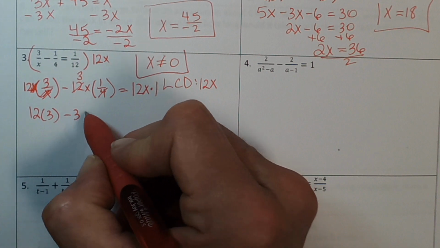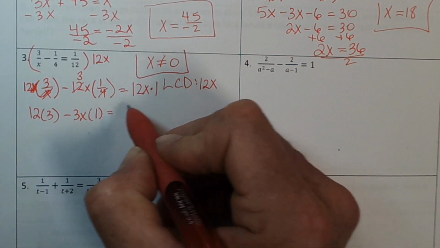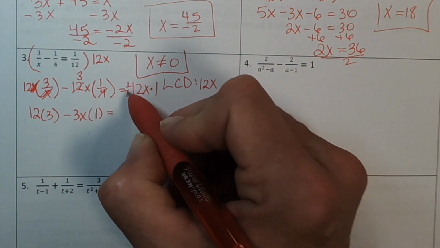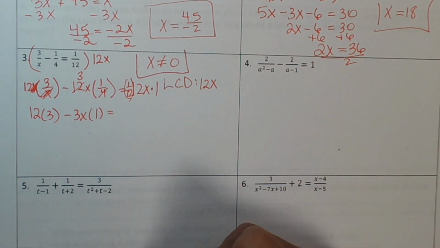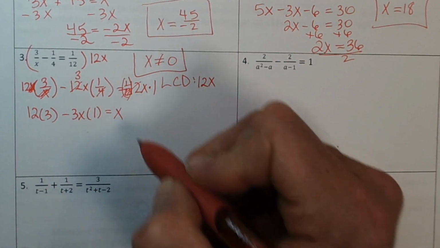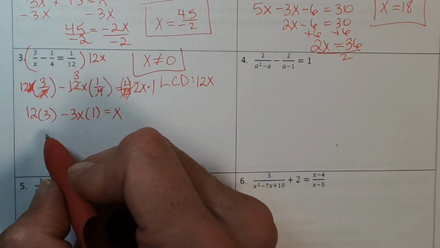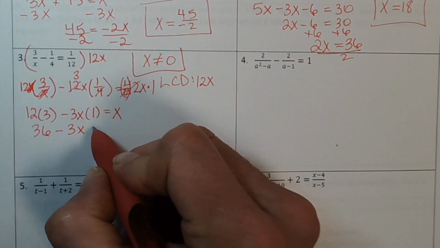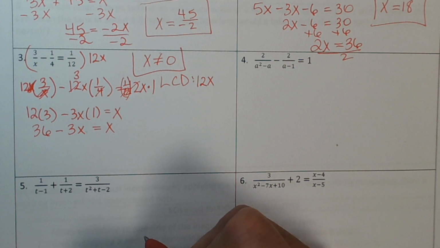So I have minus 3x times 1. Sorry, I didn't write it down right. I have the 1 times the 12x. So here my 12s are going to cancel out, and I have x. Excuse me for my mistakes. So 36 minus 3x is equal to x.